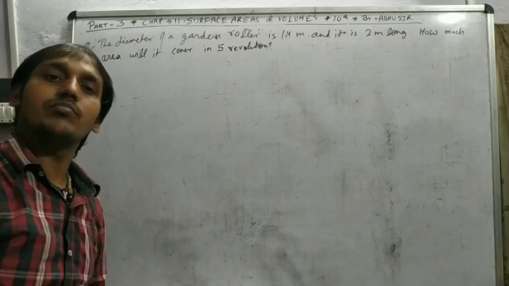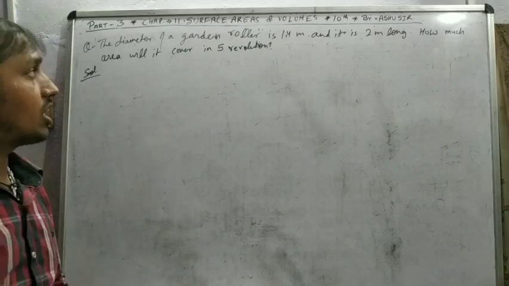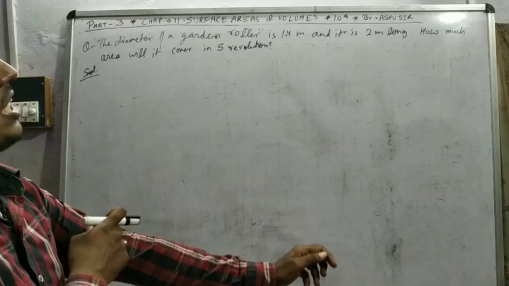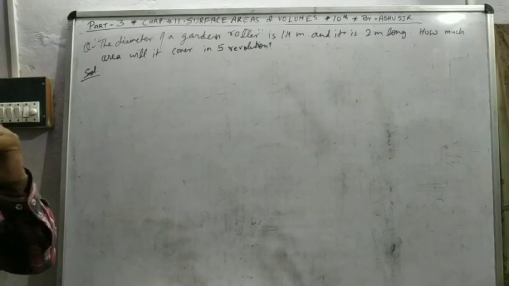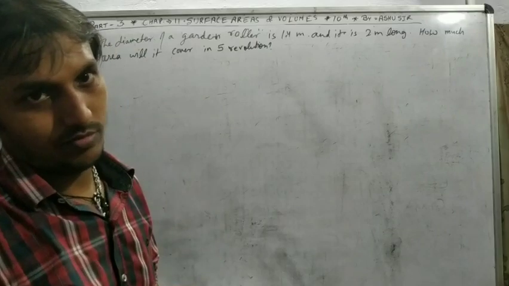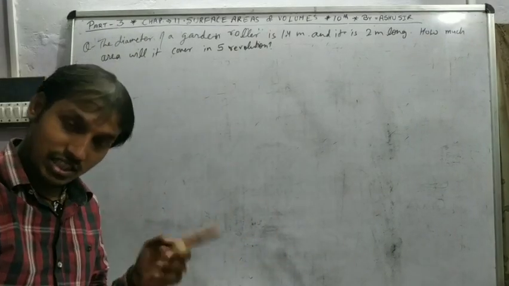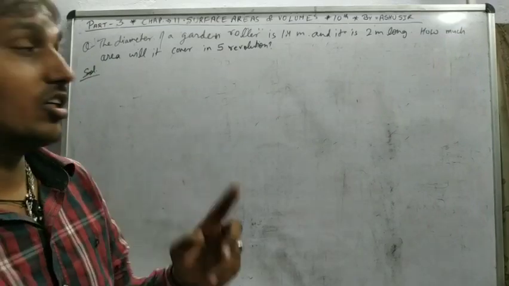This is also a different question. The diameter of the garden roller is 1.4 meter and it is 2 meter long. How much area will it cover in 5 revolutions? My first question was based on cube and cuboid, second on sphere, and third is on cylinder.